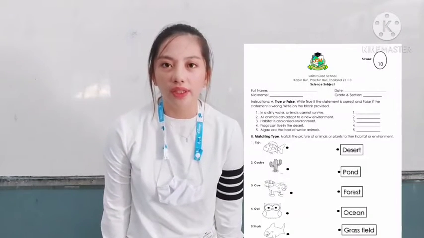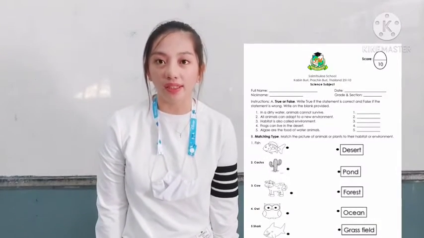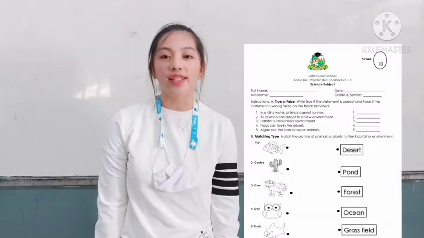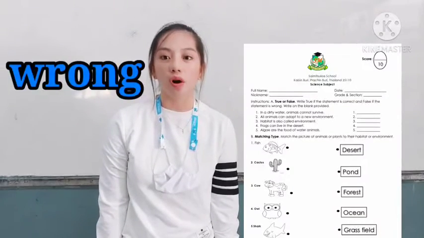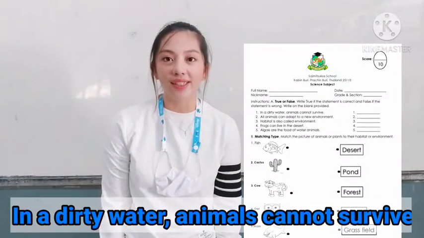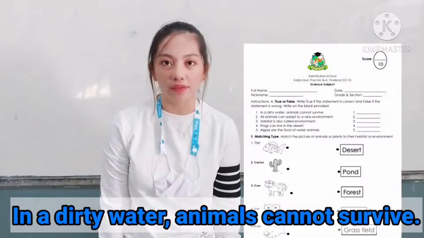For your activity, grade 1 students, I am going to explain it to you. You are going to write true if the statement is correct and false if the statement is wrong. Number one, in dirty water, animals cannot survive.